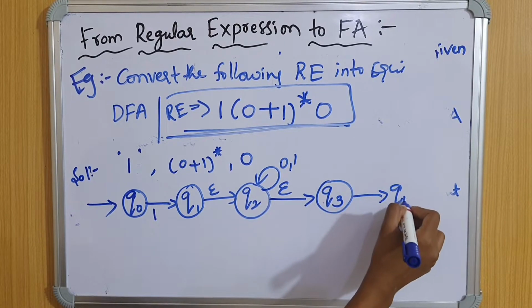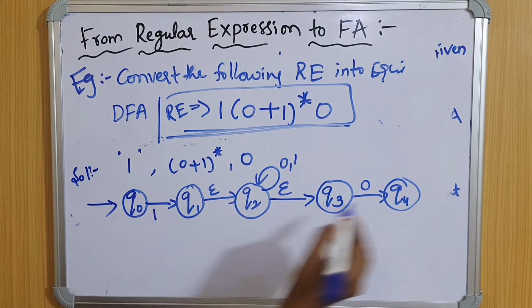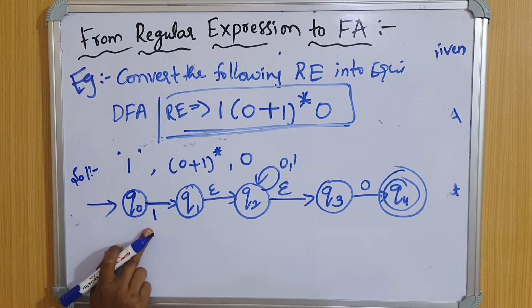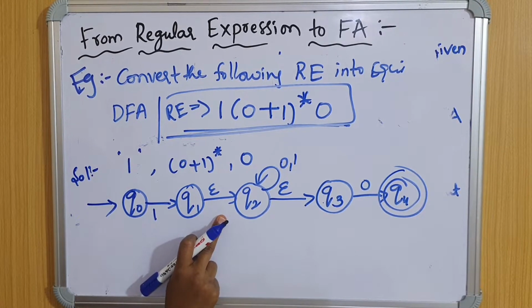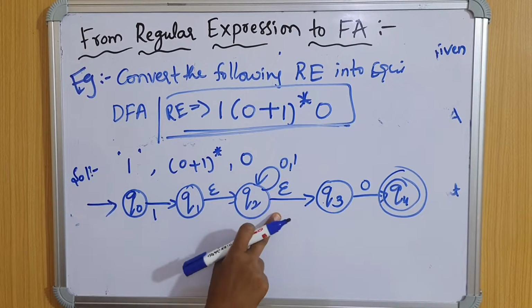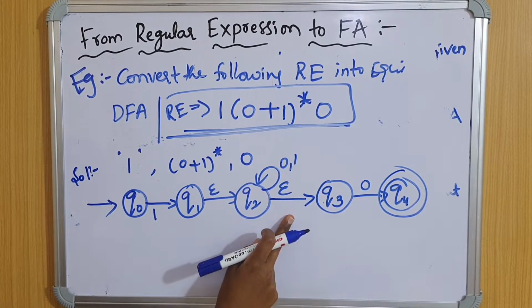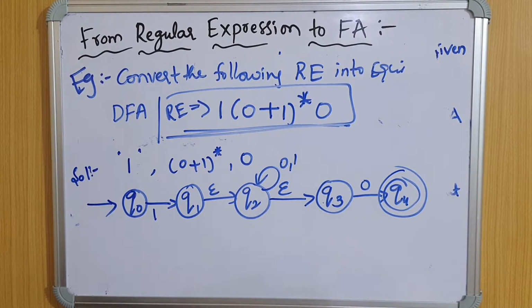Next Q4 on 0, and this is the final state. Here 0+1 is a self loop and this is an epsilon. So the first step is to convert the regular expression to the equivalent NFA with epsilon moves.